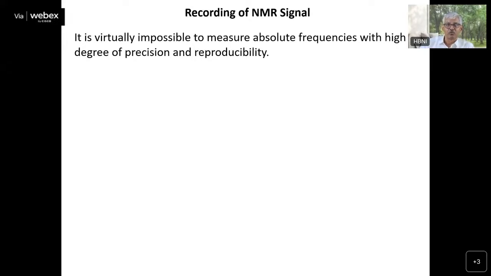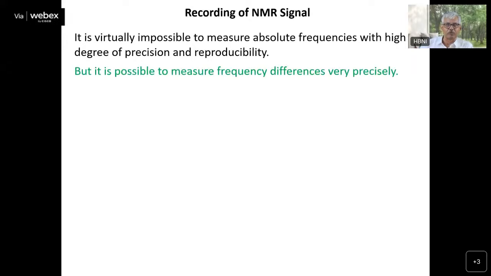It is virtually impossible to measure absolute frequencies with a high degree of precision and reproducibility. You measure one time, and the next time you will see a different value, or very close to it. So there is a question of reproducibility.